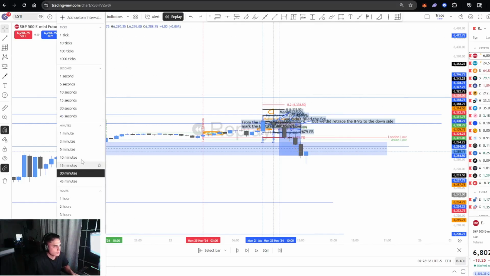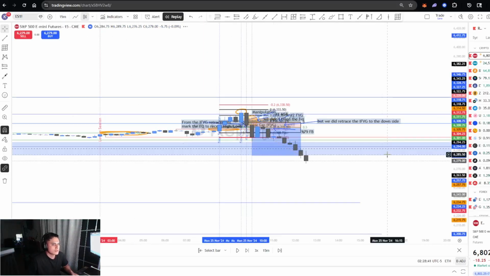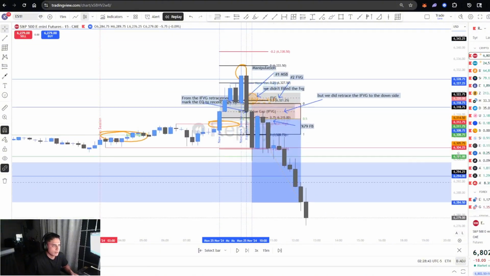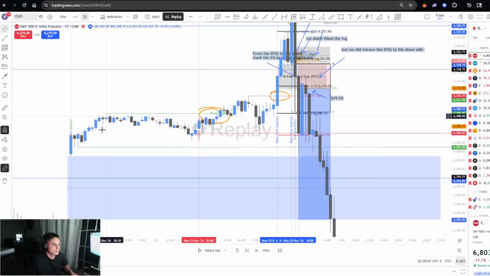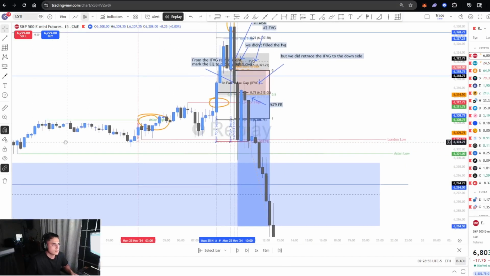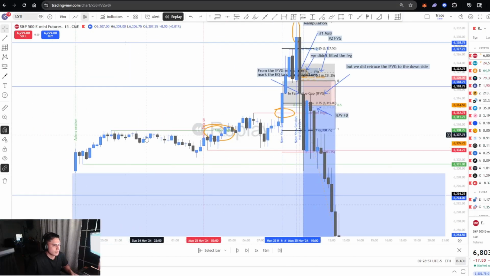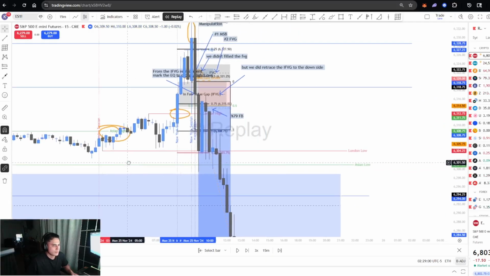Once you mark those, I'm going to go with the 15-minute chart now, narrate it a little bit more down, and while the market's going, let's say Asian goes, you start marking the high sessions of Asian and the lower liquidity marks of Asian sessions. So Asian highs, Asian lows, right?